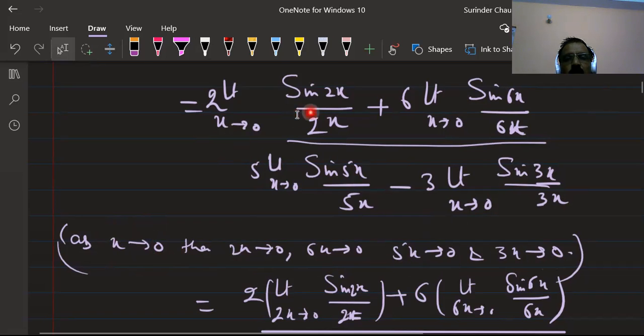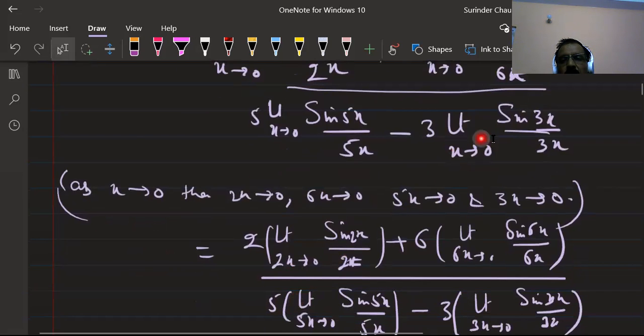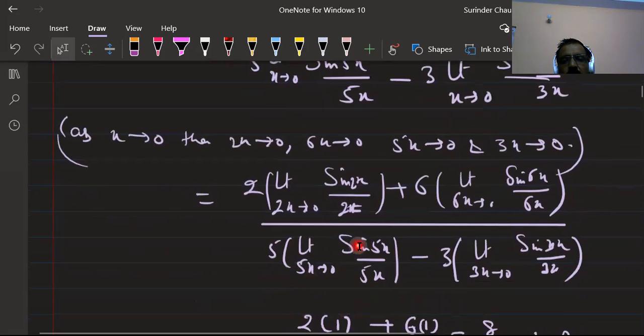So in the standard relation we replace x by 2x, by 6x, by 5x and by 3x.